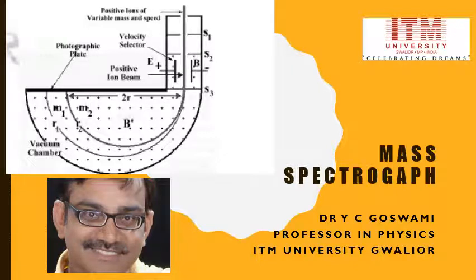Friends, in this lecture, we will talk about mass spectrograph. In the previous lectures, we have studied the effect of electric field and magnetic field on charged particles which move through those fields.